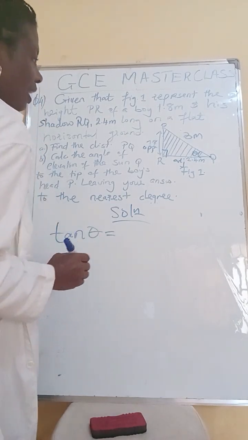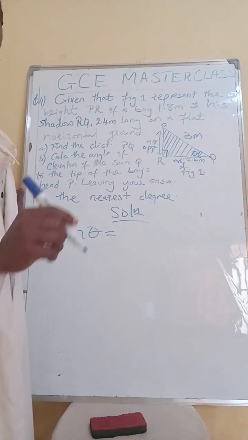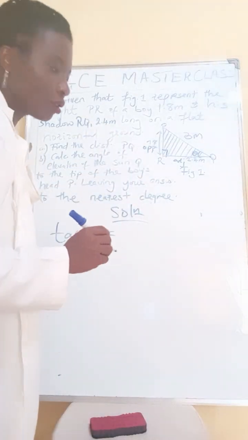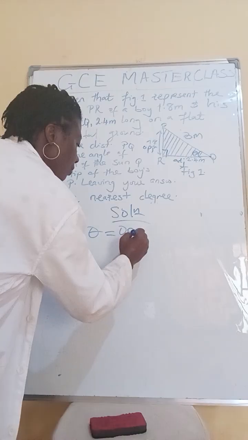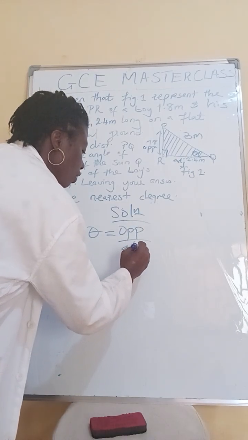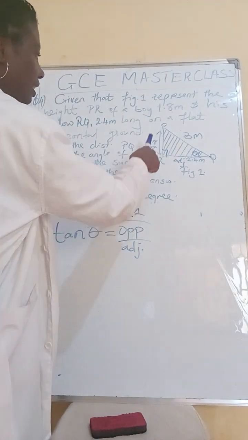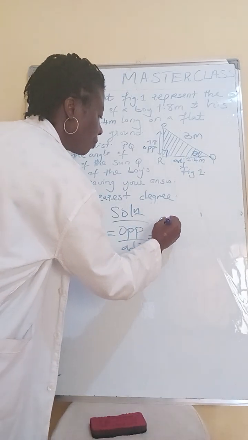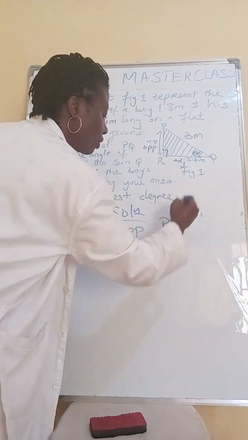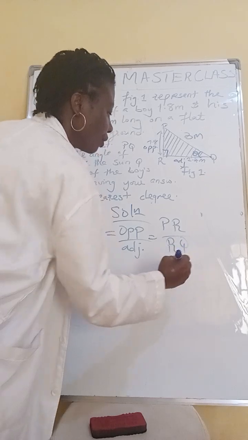Tan theta here is opposite on adjacent. That is PR on RQ.